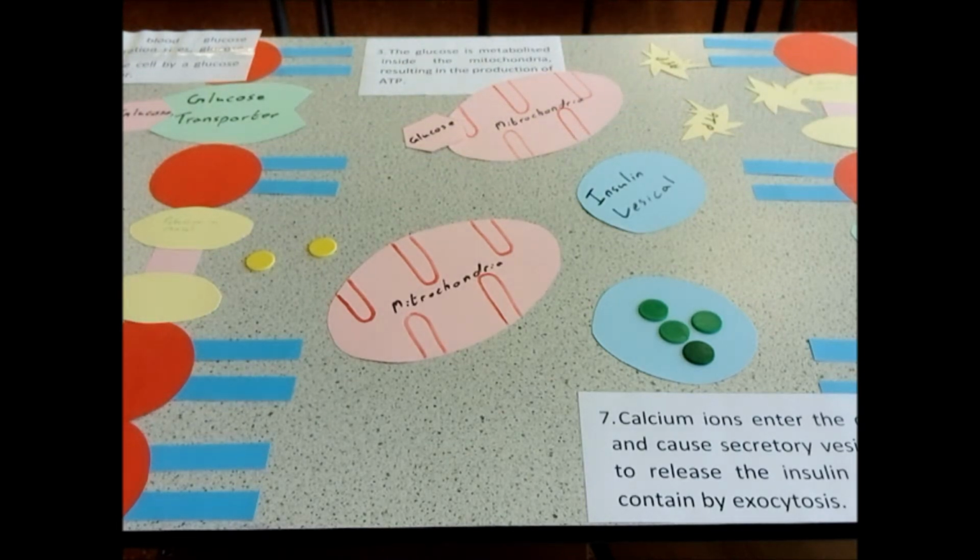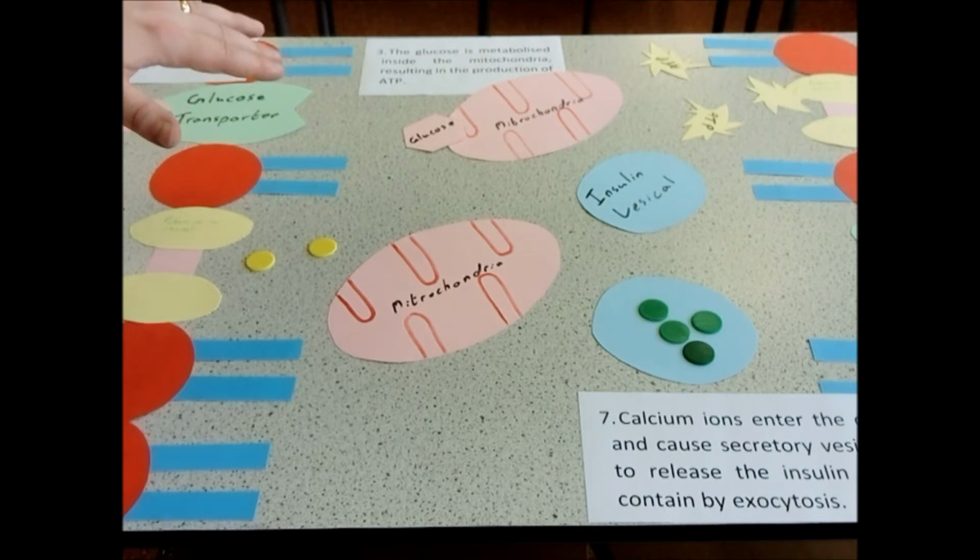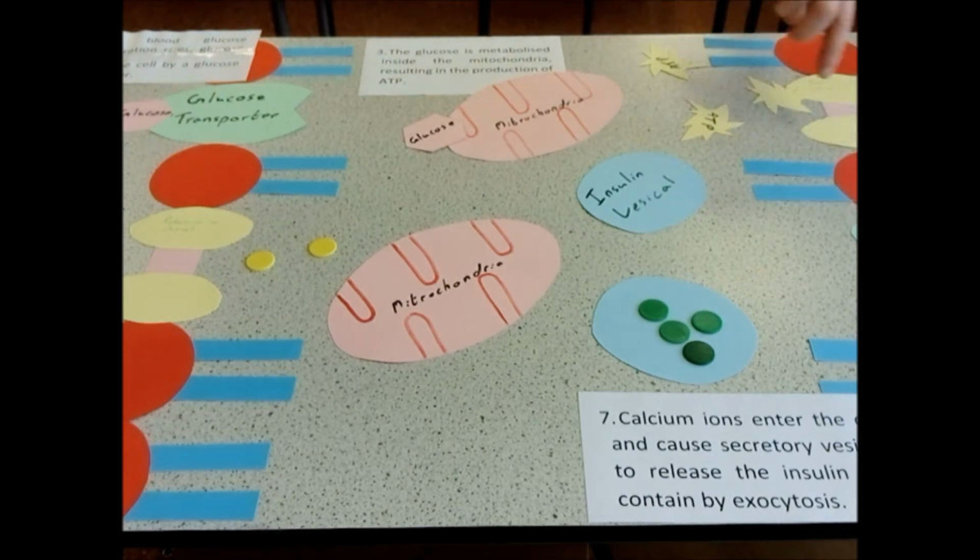We're not going to talk about it now, but remember a number of different processes will happen that cause the metabolization of that glucose before it produces ATP. So the ATP binds to the potassium ion channels and causes them to close. So potassium can no longer diffuse in and out. These potassium ion channels, we can call them ATP sensitive.